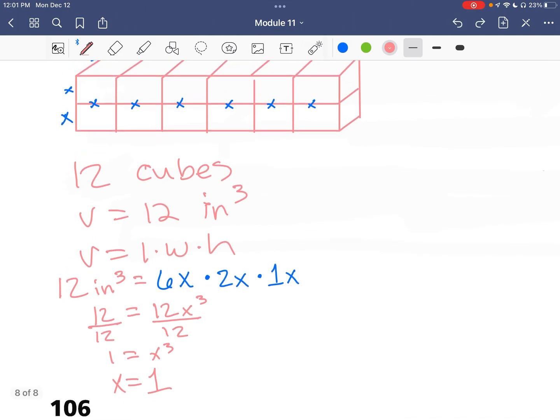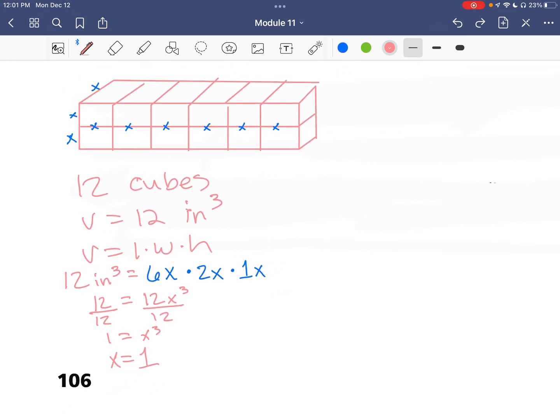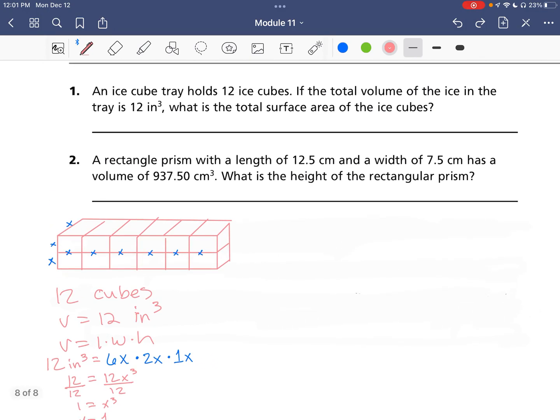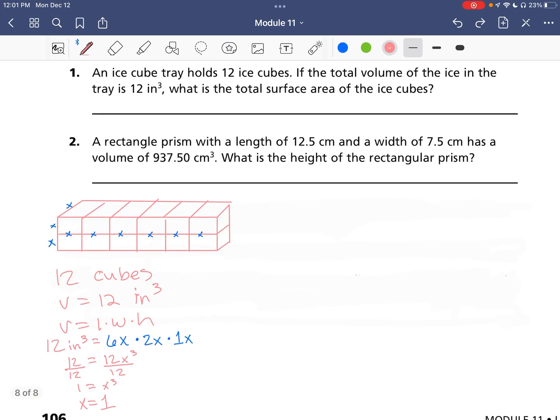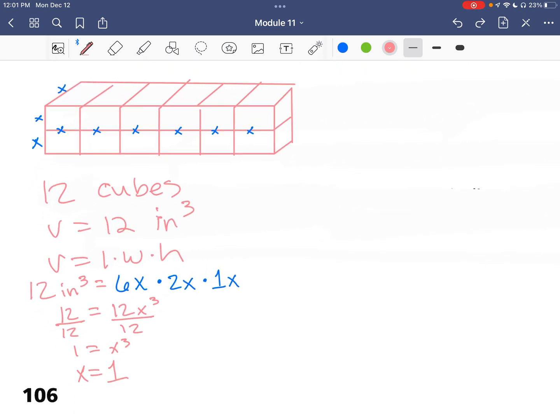Okay, so now we know that x equals 1. We've got to substitute these back in here to find the surface area of the ice cubes, so all of them. So not just one surface area, but all of them.